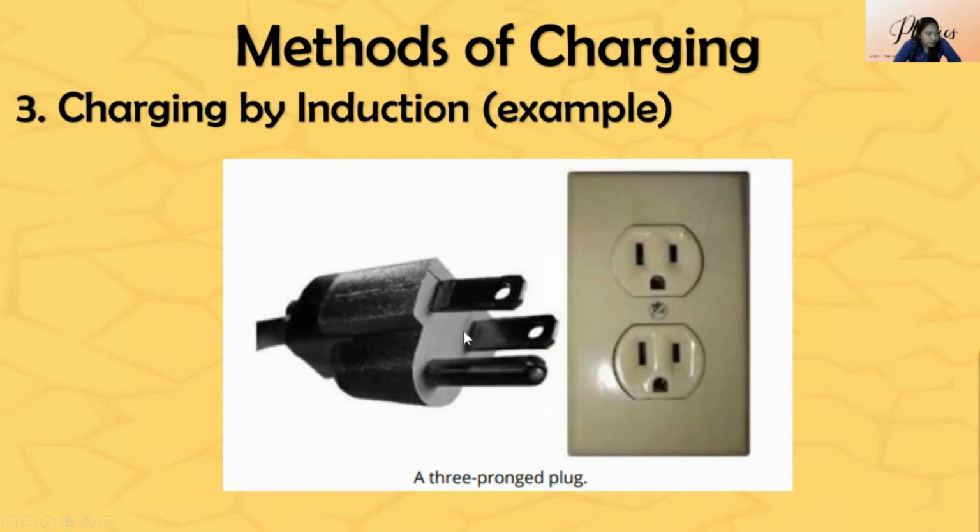These two are essential wires, but this round metal here is for the ground. We usually have this kind of plug in our appliances. That one is for the ground. Sometimes we cut this one, but it actually serves its purpose at times when we have this kind of plug.